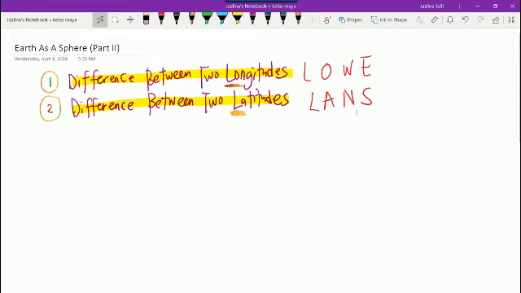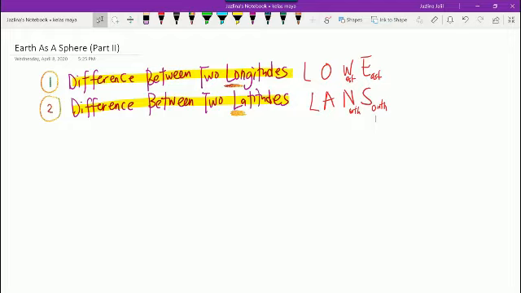So for longitudes it will involve west and east, while for latitudes it will involve north and south. So don't worry, when you see the questions, just identify whether it is west-east or north-south. If west or east, it will involve longitudes, while north and south, it will involve latitudes.